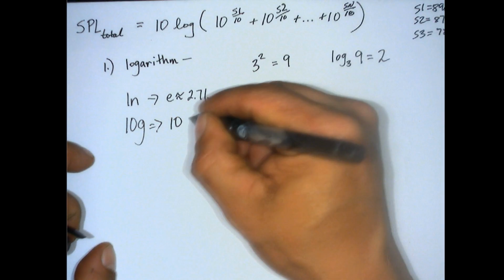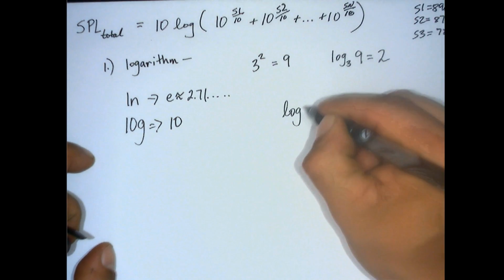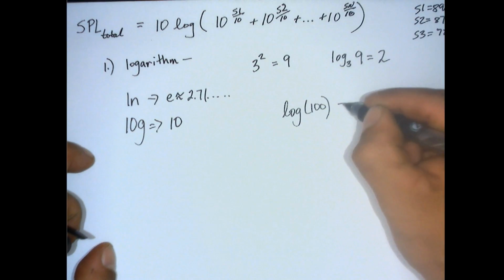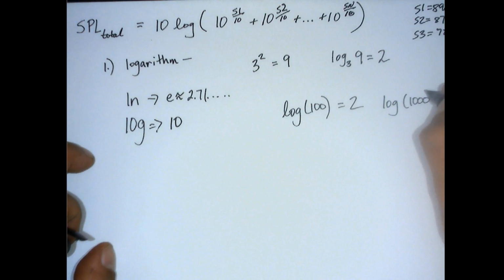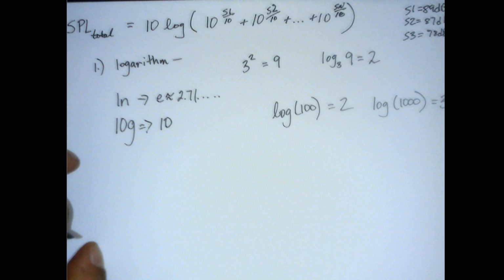So in other words, log of 100 is going to be what? What power do you raise 10 to get 100? Or the other question could be, how many zeros are in there? 2. Log of 1,000 is going to be what? 3.